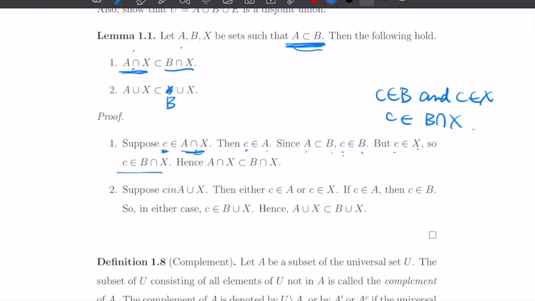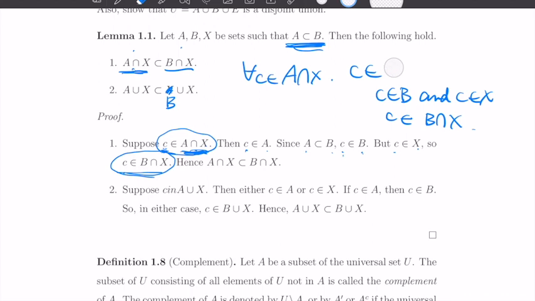So from this assumption, we derived this result. And you could pick any element of this intersection. So for all elements C of A intersect X, C belongs to B intersect X. So that proves this proposition.